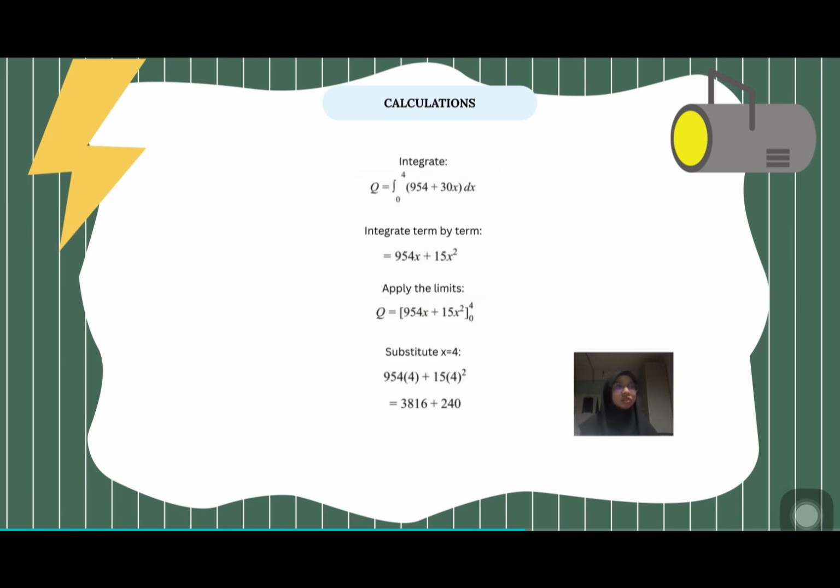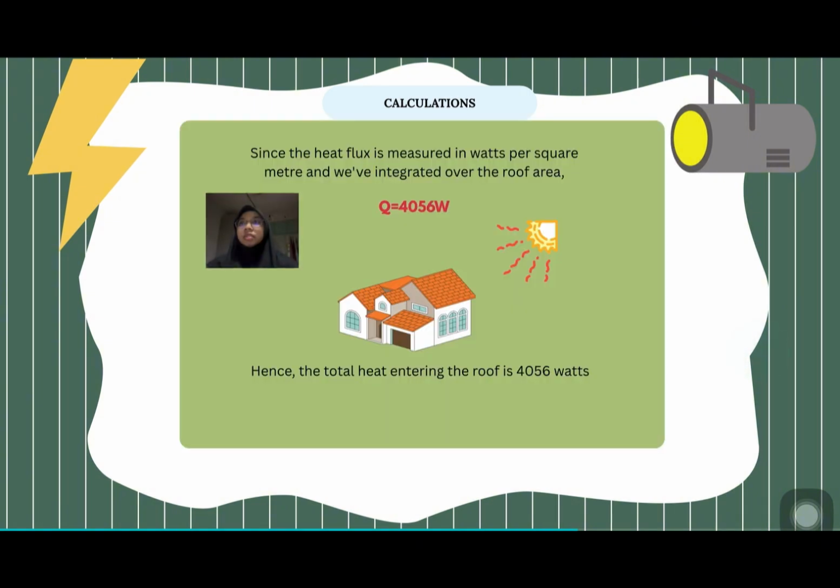We get 4056. Since the heat flux is measured in watts per square meter and we've integrated over the roof area, the total heat entering the roof is 4056 watts.